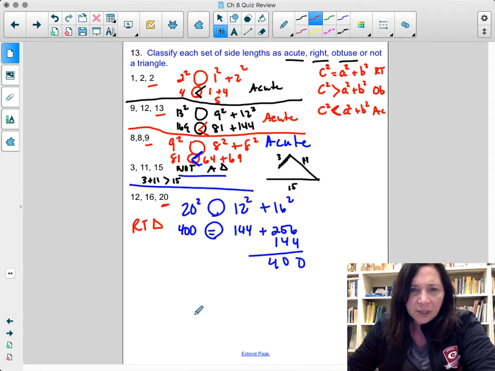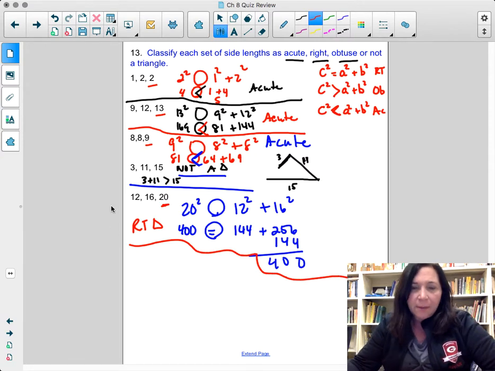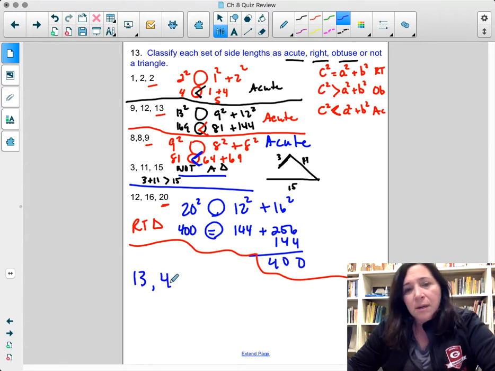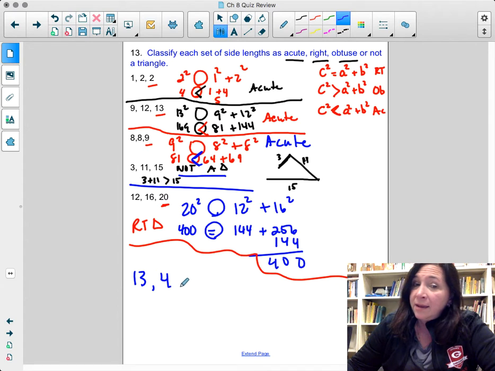Okay. Unfortunately, I didn't see an obtuse triangle. So let me make one up. Let's see if I can make one up. We want this one to be bigger. So let's say 13. Another side might be 4 and 10. Is that going to work? I think that's going to work.